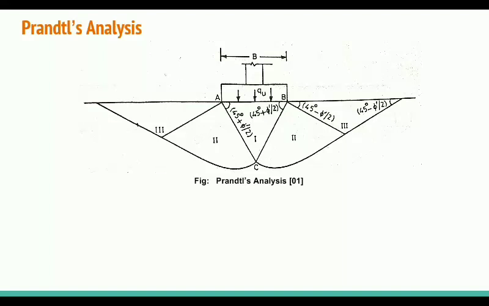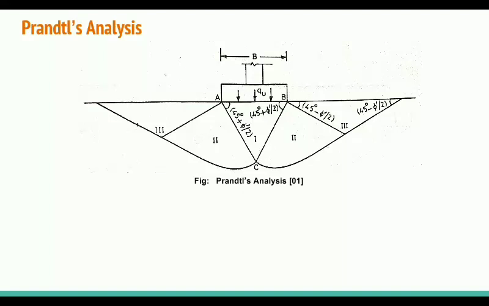Means when the strip footing sinks vertically downward, zone 1 is subjected to compressive stresses, by which zone 1 exerts a pressure on the side zones 2 and 3.